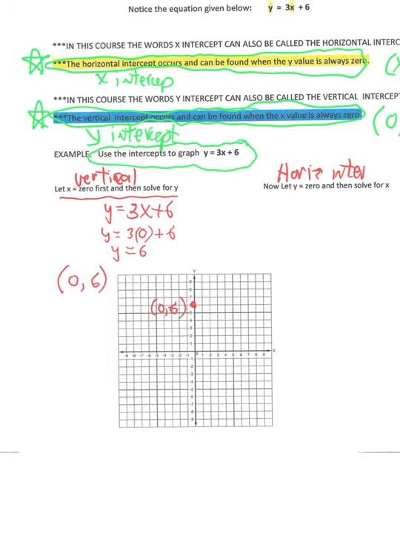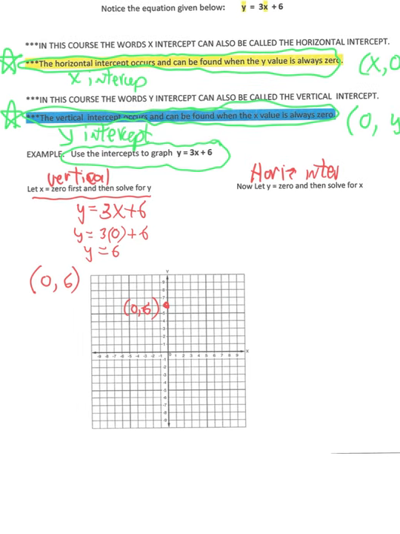To find the horizontal intercept, I do the opposite. I take my equation, y equals 3x plus 6, and this time I substitute 0 where the y is. Now I got to do a little solving because I'm trying to find the x. And to do that, I want to bring my x over to the one side and keep my constants over to the other side.